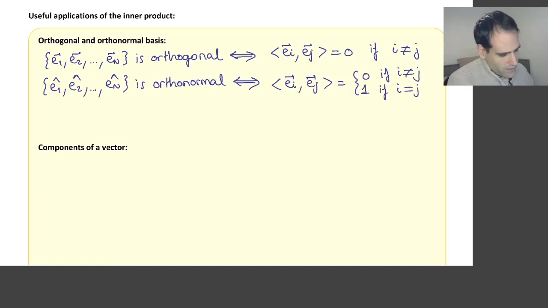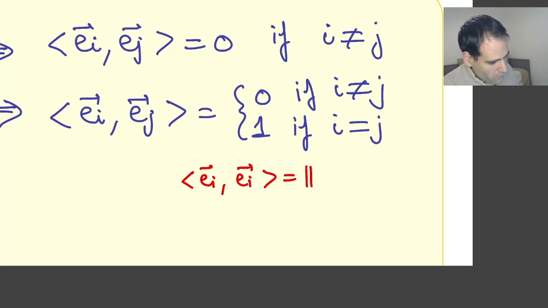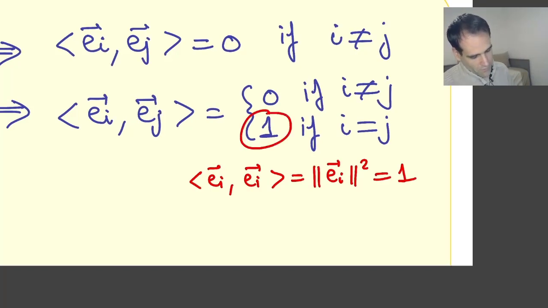So what does this mean? Let's think about it. If i is equal to j, what I'm doing is I'm calculating ei with ei. So a vector with itself. And we know that from the definition of norm, this is the norm of ei squared. Yeah? And therefore we're saying that the norm has to be 1. That's what this 1 is saying.